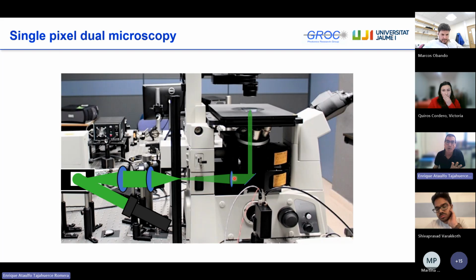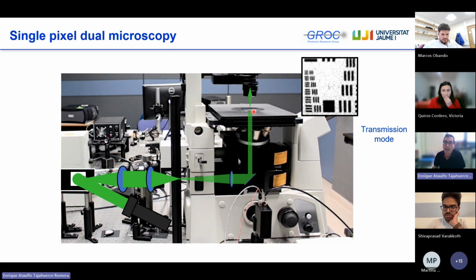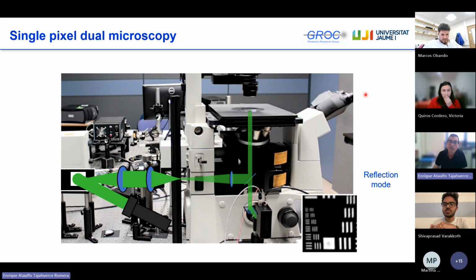Now the microscope works without any kind of alignment, perfectly focusing the light patterns onto the object. If we collect the light transmitted by the object, we will recover a transmission image of our object. If we collect the light reflected, we will reconstruct an image of the object from the reflected light.